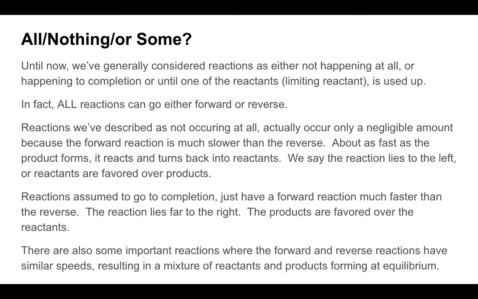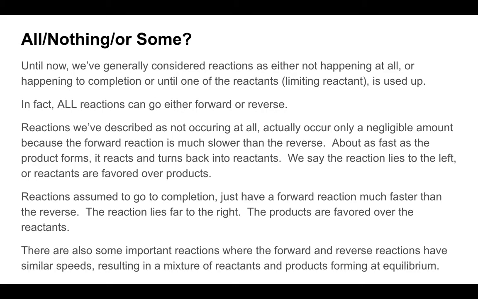That's because the forward reaction is very slow compared to the reverse reaction. As soon as the forward reaction makes a little bit of product, the reverse reaction is so fast that even at a low concentration, it reforms it back into reactants. And so at any particular time, you have very little product.